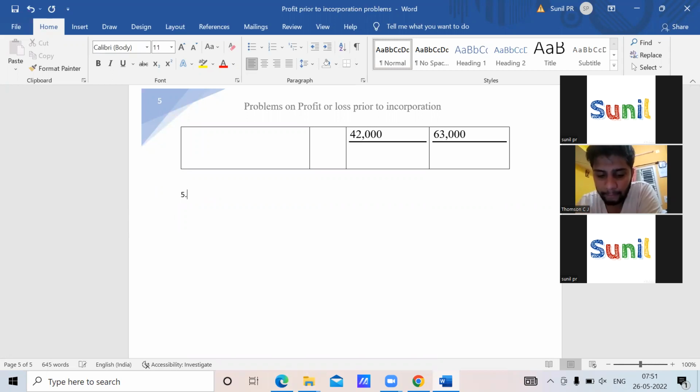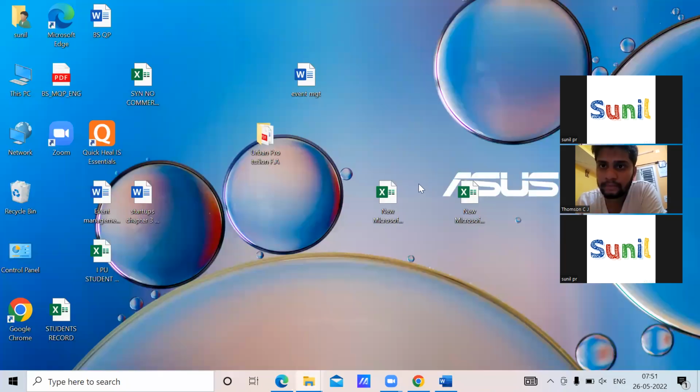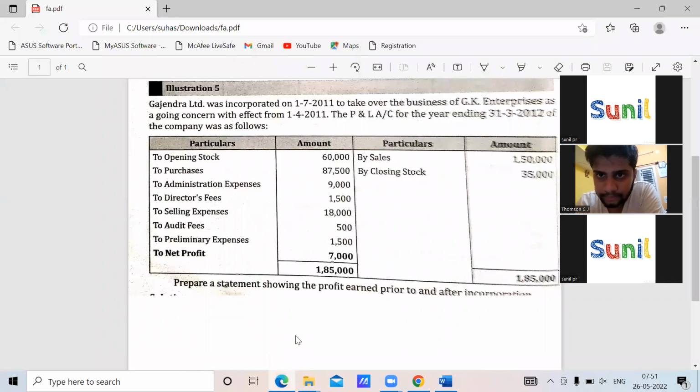How will we calculate the sales ratio? Let us see the problem and then decide. Have they given the sales amount? Let me show you the question. Sales is 1,50,000.